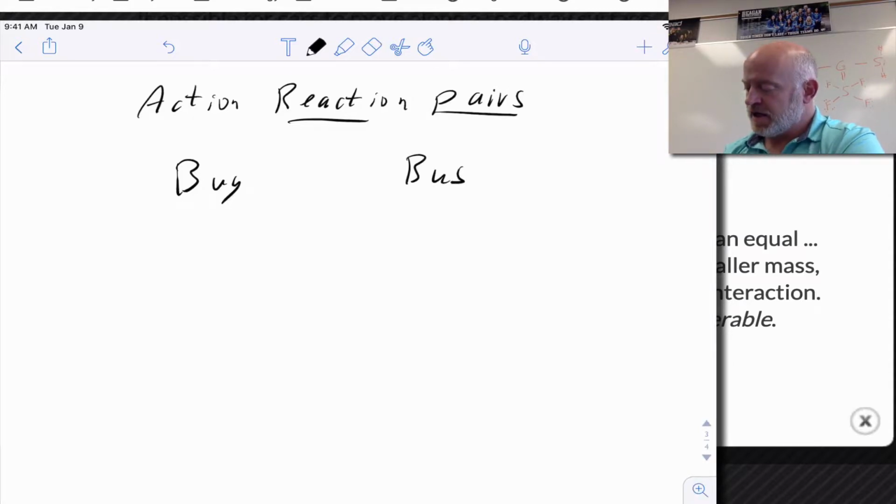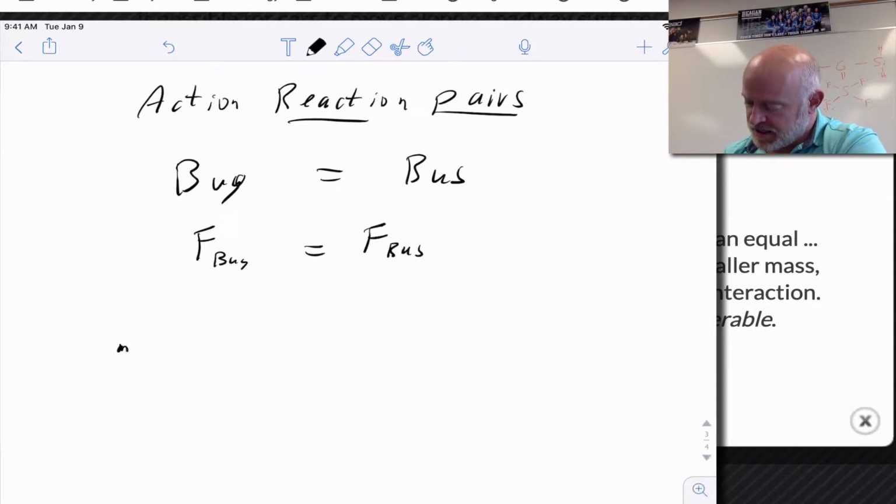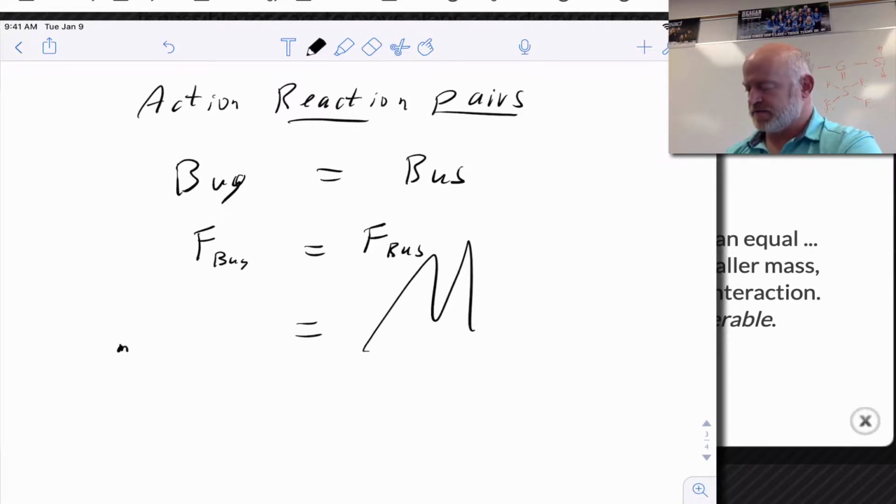Since the forces have to equal each other, we can say that the force on the bug has to equal the force on the bus. Now, would you agree with me that the bug has a tiny little mass and that the bus has a gigantic mass?